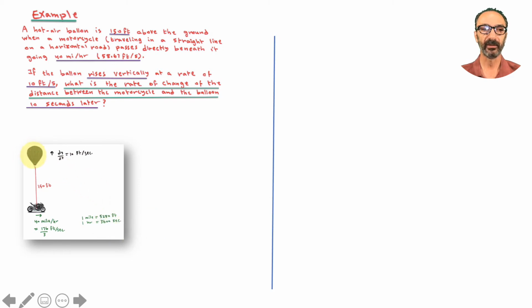The balloon is rising at a rate of 10 feet per second. This moment happens at a distance between them which is 150 feet. So instead of reading this, I'm just reading the same information on this graph. Let's take another graph that we care about more.